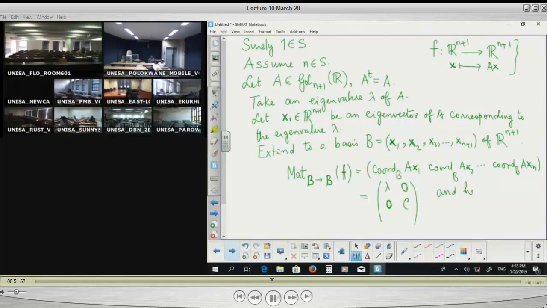So this is a 1 by 1 matrix, right? So this must be n by n matrix, right? So C must be, with C symmetric.